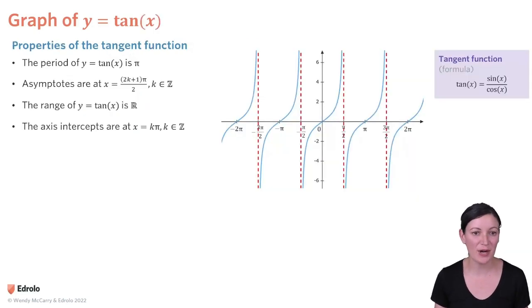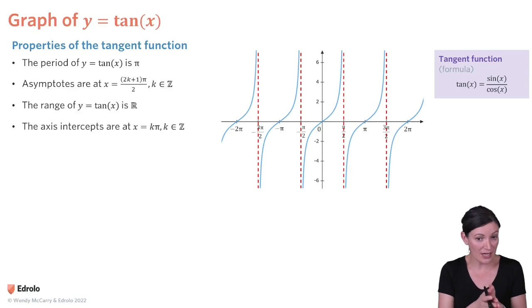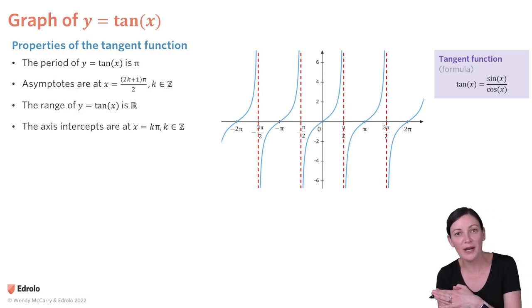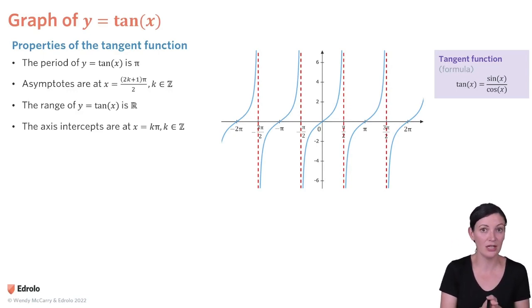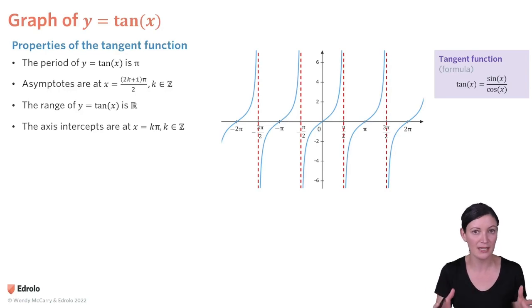Okay, so just to summarize, we've got the graph of y equals tan x, and we've got the properties of that graph. The period for tan is pi. Be very careful here, because for cosine and sine the period was 2 pi, but for the tangent function the period is just pi. It repeats every pi radians. We also have these asymptotes.